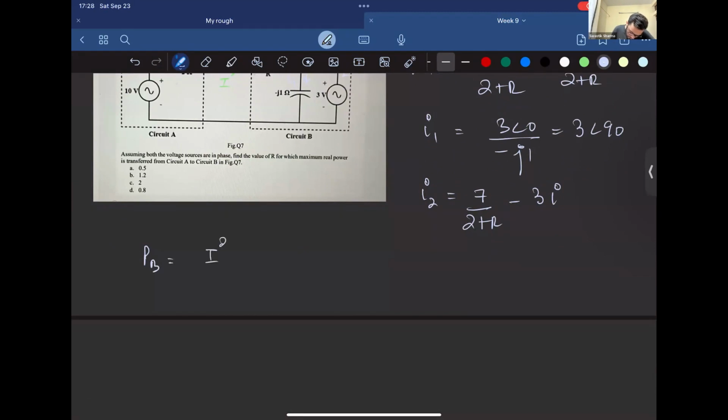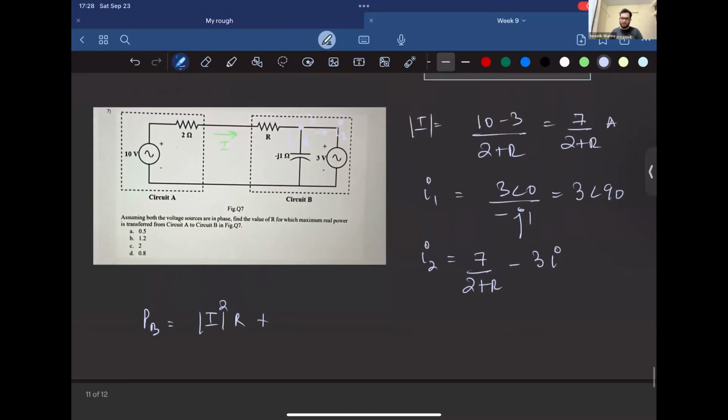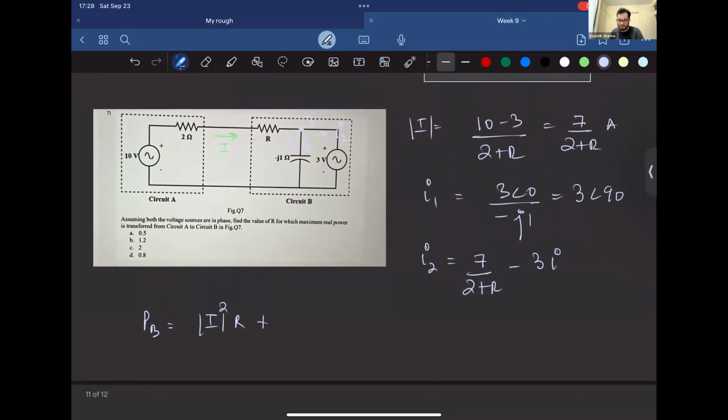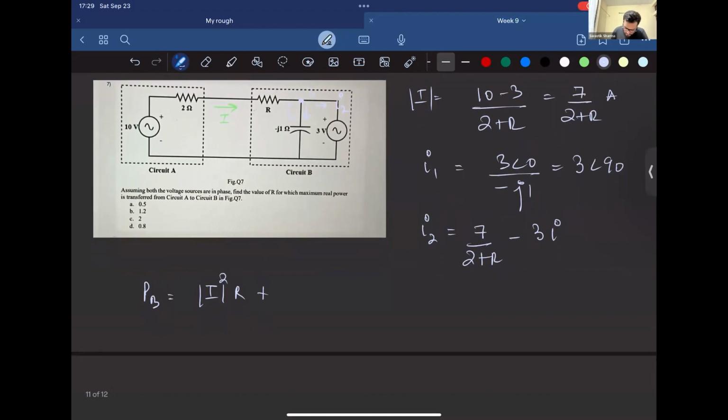It's I squared times R, plus we don't calculate any power associated with the capacitor, because average power will be zero for the capacitor. But for this 3 volt voltage source, there will be a power, which would be the real part.